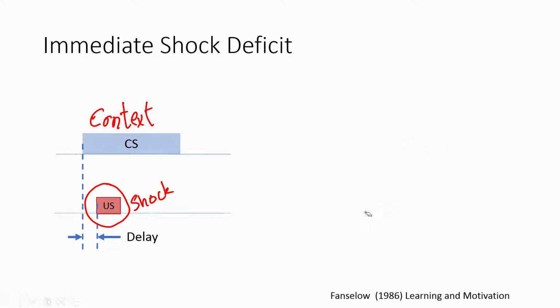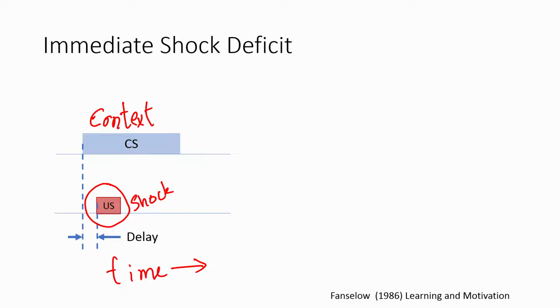So, this is the time axis here, and we are going to delay the arrival of the shock with respect to the onset of the CS, and then for each of these delays we are going to measure how well the animal is able to make this association of context being bad. How do we do that? Once we train this animal, the next day we come back and put the animal back into this context and see if it expresses fear.